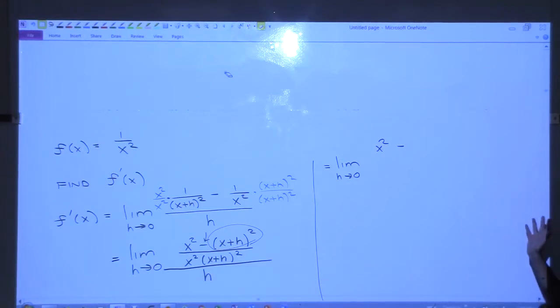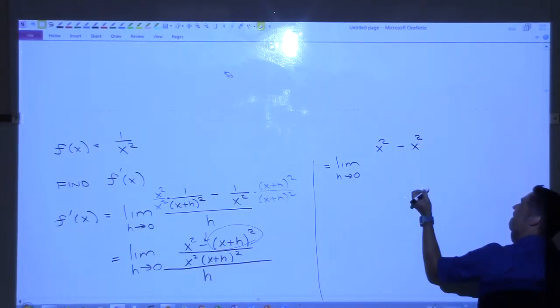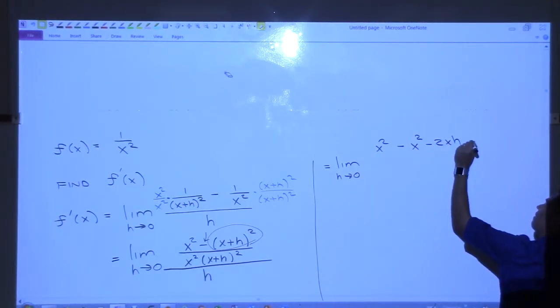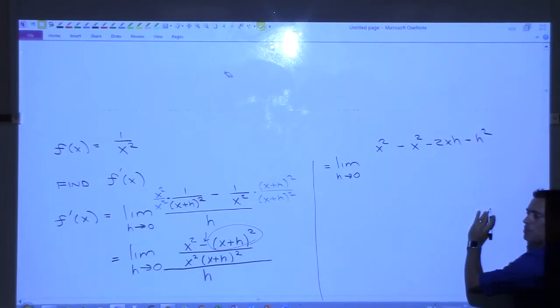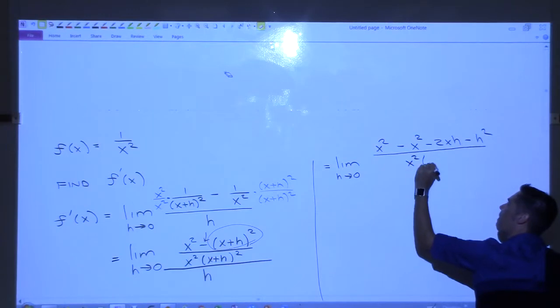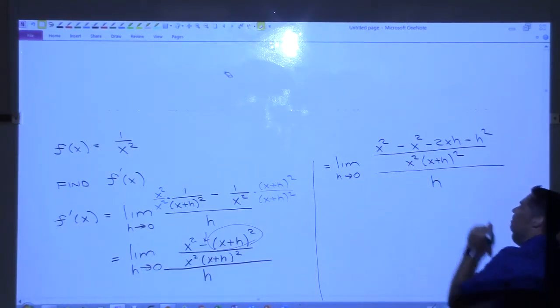But then we have to subtract every term. So it should be x squared, what? Minus 2xh and then minus h squared, right? All of that over our common denominator. All of that over h.